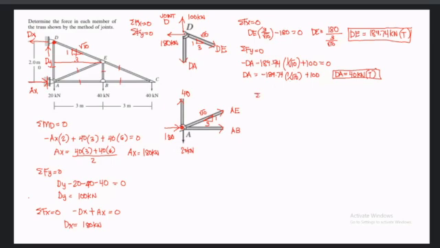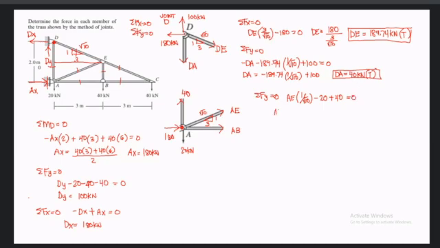I'll use summation Fy this time, so it goes first, because if we use Fx, there are two unknowns on the horizontal axis, whereas with Fy, only AE is missing. So let's solve for AE, which is positive, multiplied by 1 over square root of 10, and then negative 20 and positive 40 is equal to 0.